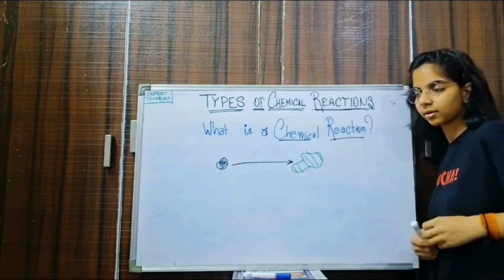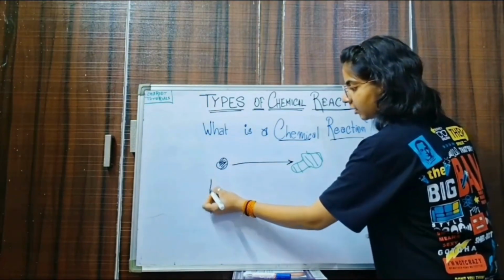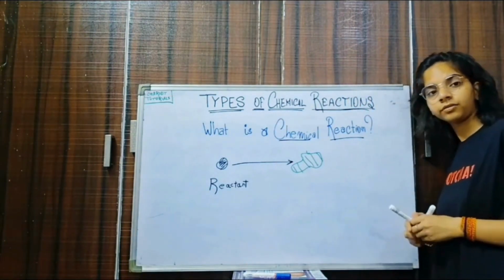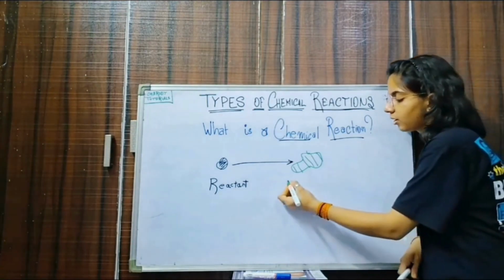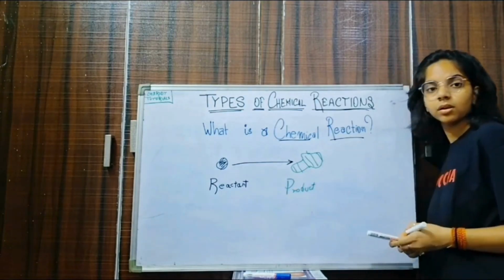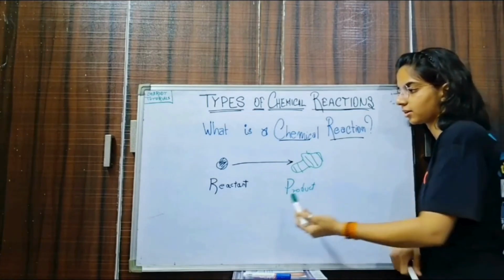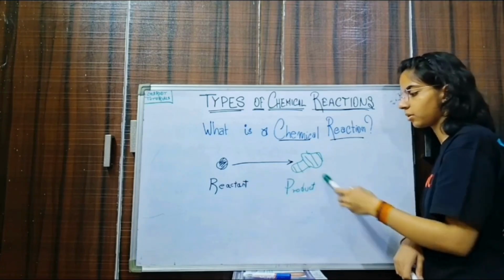Are you getting it? तो क्या हुआ, ये हमारा रिएक्टेंट हो गया, और ये जो हमें फाइनल आफ्टर द केमिकल रिएक्शन रिजल्ट ऑब्टेन हुआ है, ये हमारा प्रोडक्ट हो गया। Alright, so a simple way of saying a chemical reaction is this reactant gives this product.